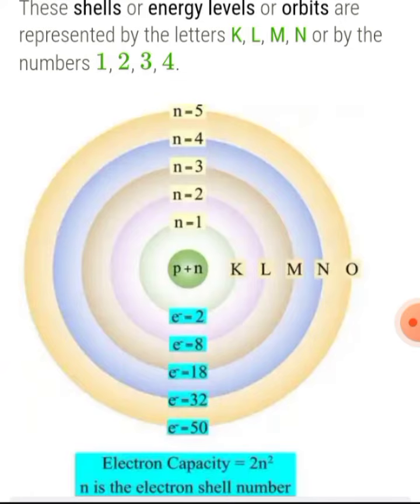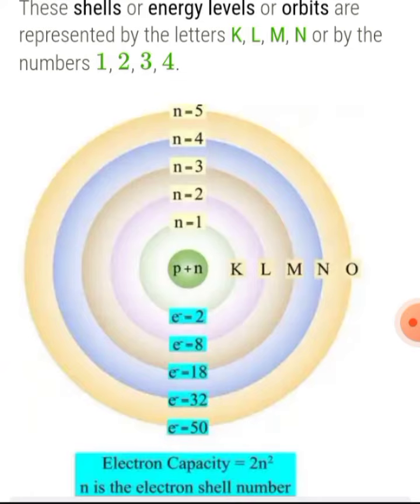You can see for the K shell 2 electrons, L shell 8 electrons, M shell, which we calculated before, 18 electrons, then the N shell 32, then the O shell 50 electrons. So this one is very, very clear now.